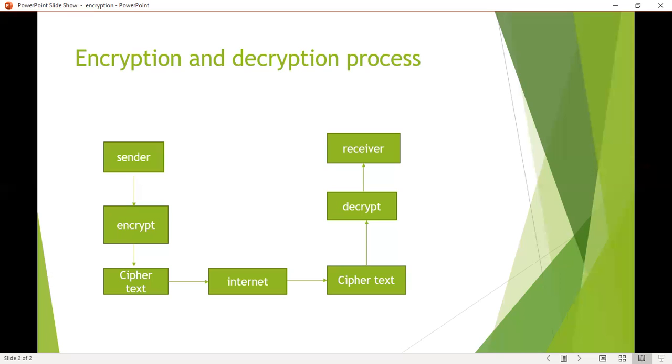So it is very difficult for the hacker to hack the message, because different combinations of plain text as well as cipher text are traveling through the internet. It's very difficult for the hacker to get control of the message. This is the benefit of the encryption and decryption process: it makes the algorithm more secure.